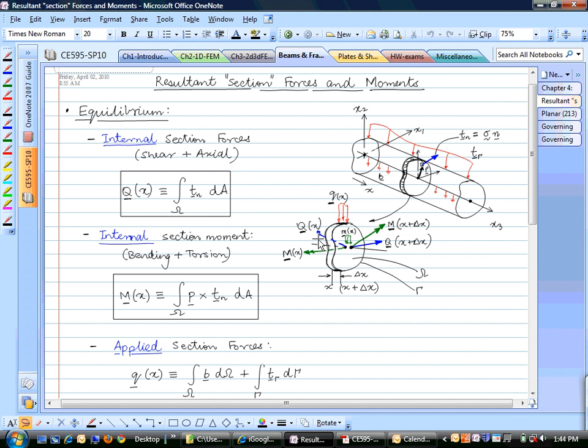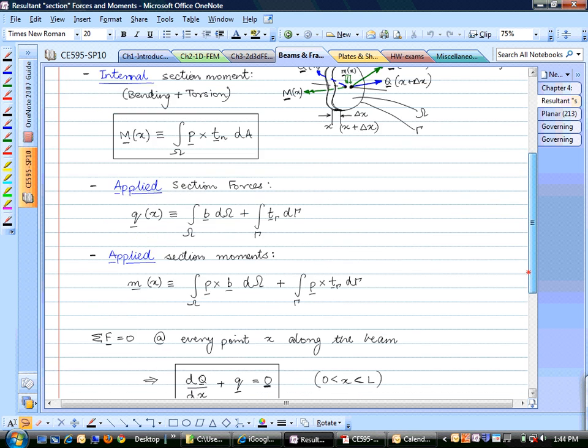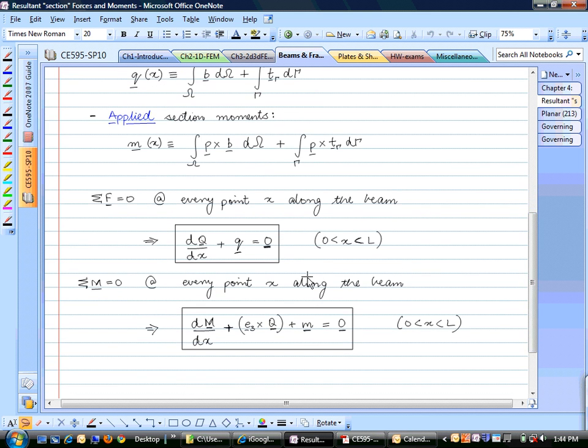Similarly, on the back face, you have Q at x. And moment at the back face, moment on the front face, applied tractions, applied moments. If you just write out the sum of the forces is 0, sum of the moments is 0, you will see that you will get these two equations.